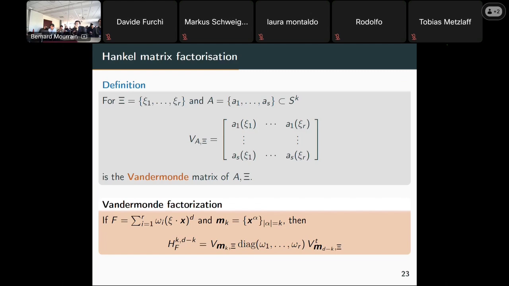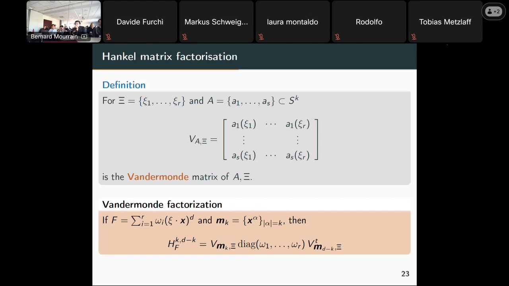So when we are looking for a factorization, a matrix revealing the rank of the tensor, the r here, this could be a good candidate, provided that this Vandermonde has full rank.